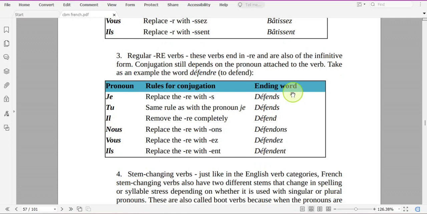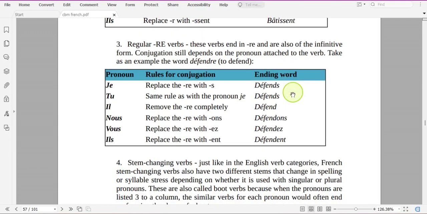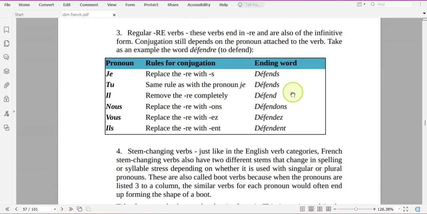Is that taken? Yes, regular RE verbs. These verbs end in RE and are also of the infinitive form. Conjugation still depends on the pronoun attached to the verb. Take as an example the word défendre, to defend. Can you see the table there? Je défends: you just remove the RE and put an S there for je.